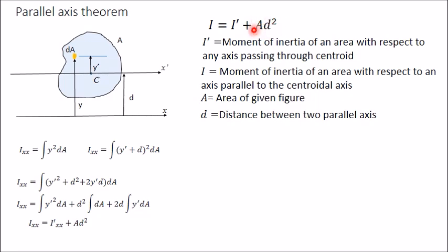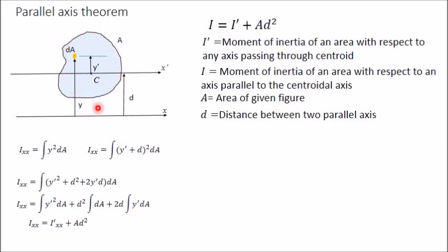Now you know that the value of area is always positive. So this entire term is always positive, and therefore the moment of inertia with respect to any other axis which is not the centroidal axis will be more than that about the centroidal axis. That means the axis passing through the centroid of an area is the axis at which the moment of inertia will be minimum.